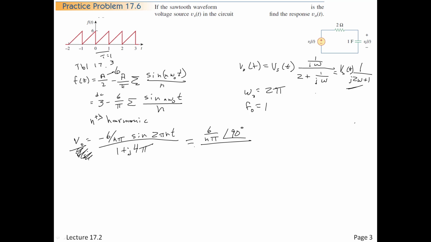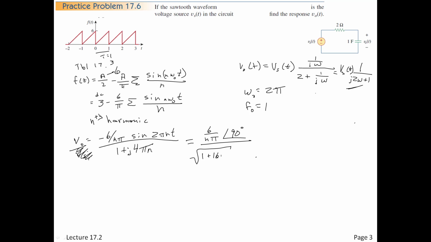And this is going to be divided by the magnitude of this, which will be what? The square root of 1 plus 16. Oh, I lost an n in here. 2 pi n. Right. So 1 plus 16 n squared pi squared for the nth harmonic.